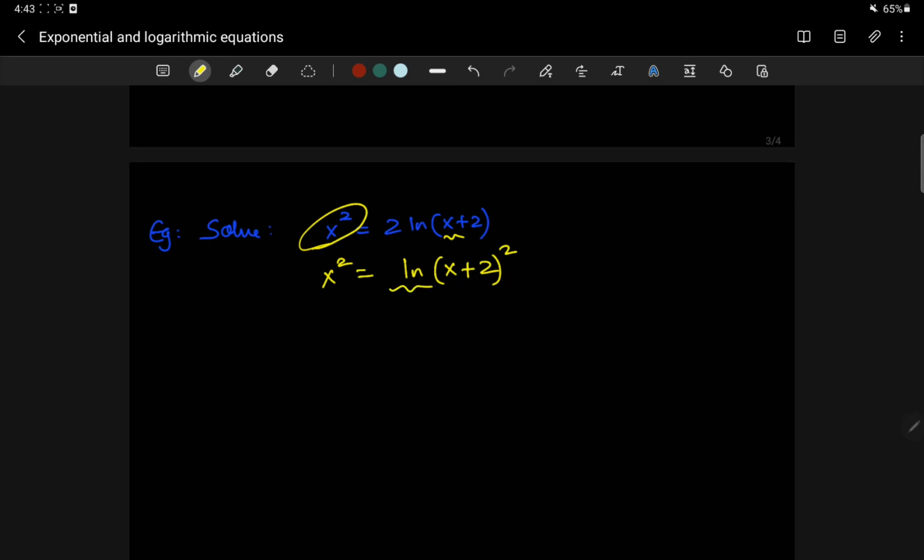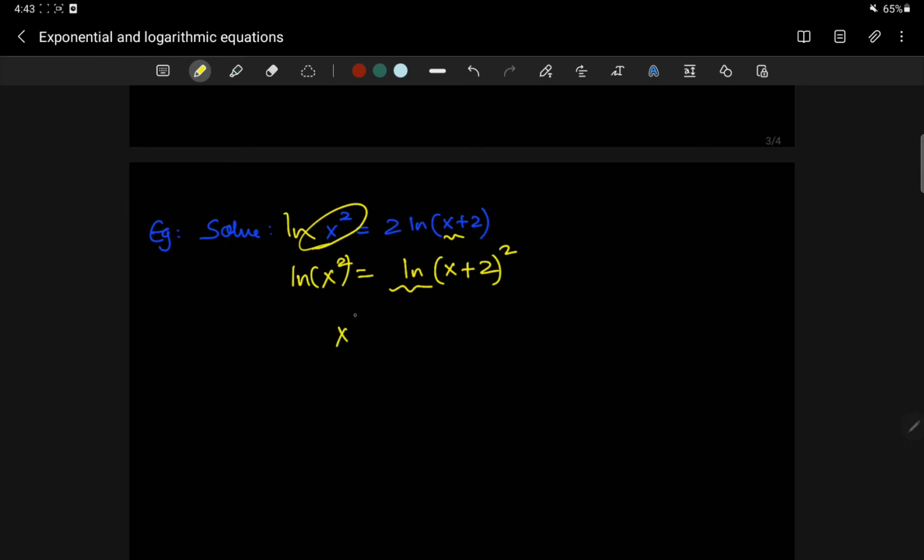Now, I want to get rid of the log, so this is going to become an exponential. E to the x squared is x plus 2 squared. Sorry, right here, there's a typo. This should be ln of x squared here, or this cannot be solved.